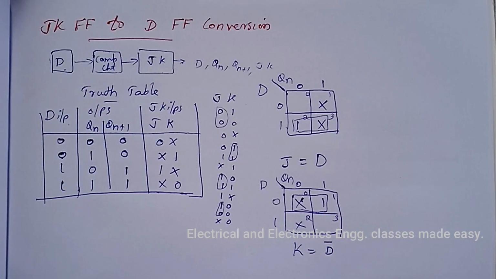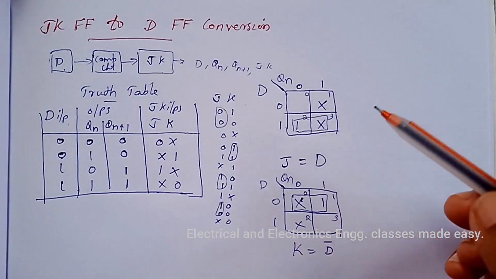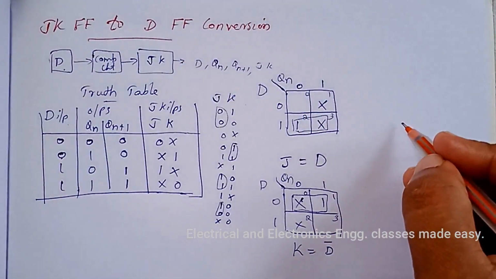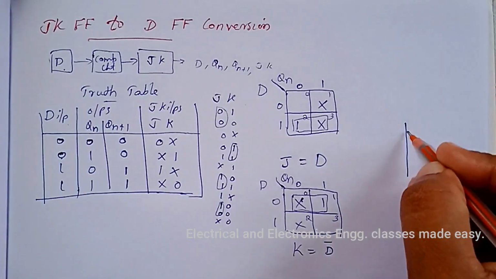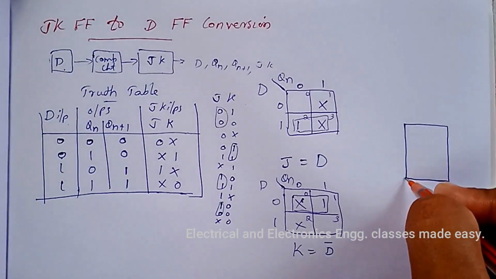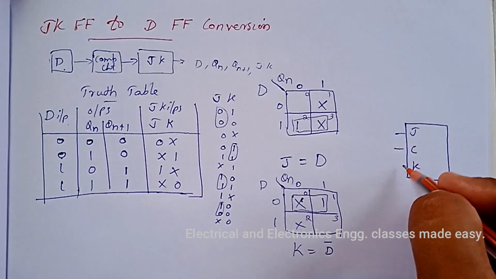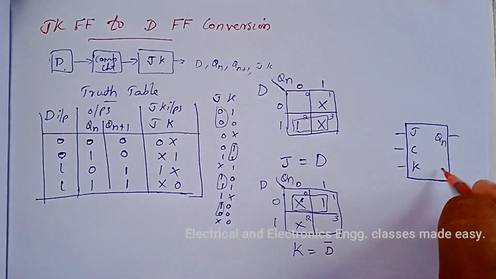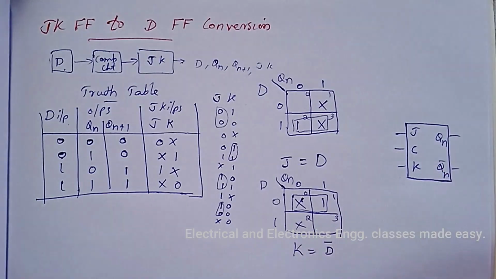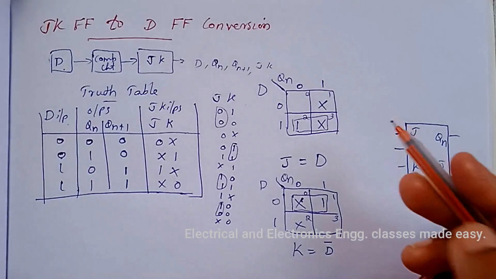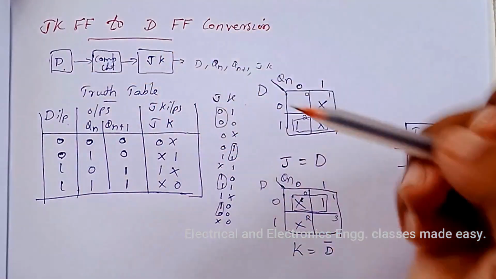Now we can draw the logic diagram. So here the actual flip-flop is JK. So draw the actual flip-flop JK. Qn and Qn bar are the outputs. And here J equal to D. So here D is the required flip-flop input.